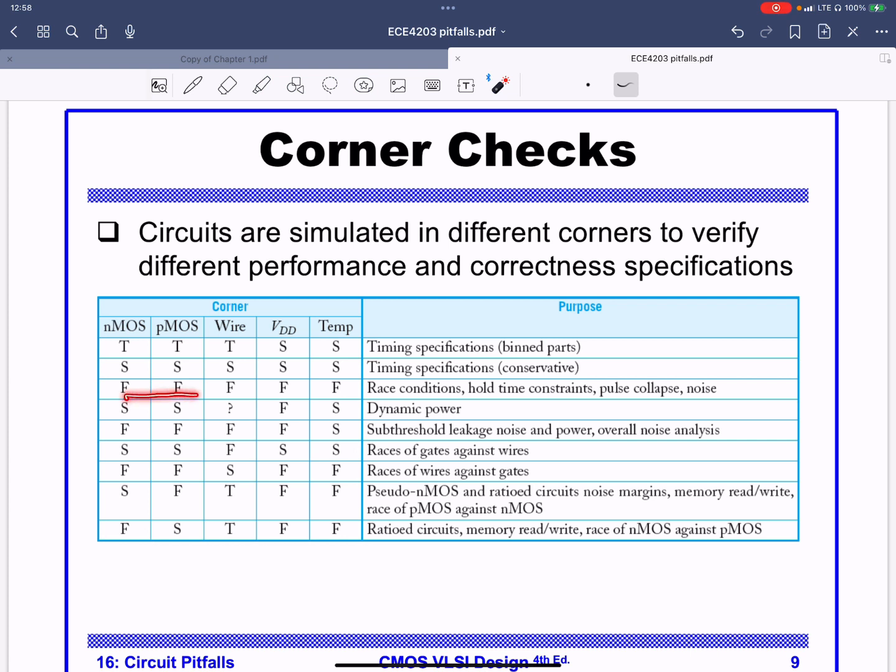So you'll be simulating those to see where the problems are in fast conditions, and so on and so forth. So depending on what you're checking for, you'll be using a different set of simulation models. So there's the process models, and this would be the supply and the temperature.